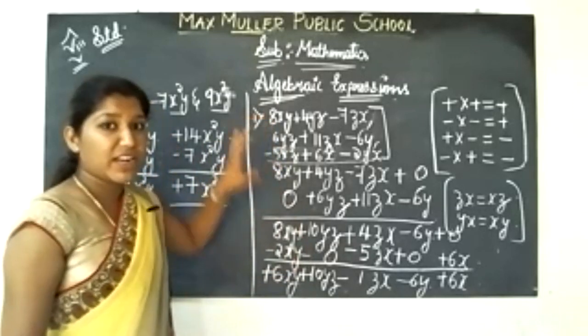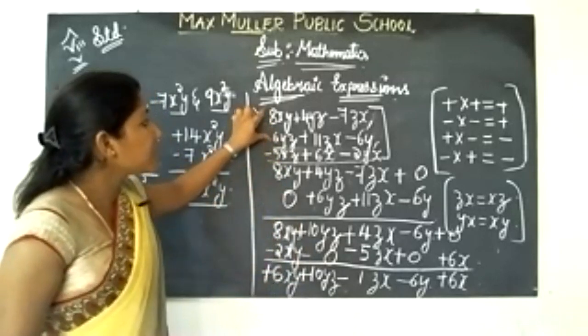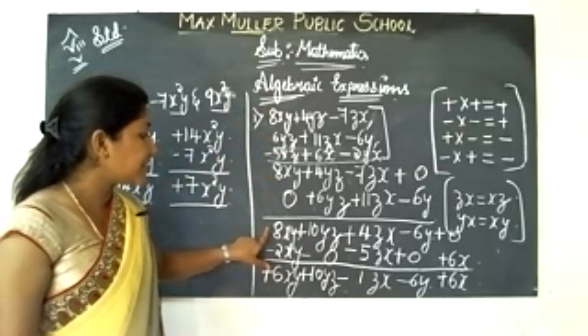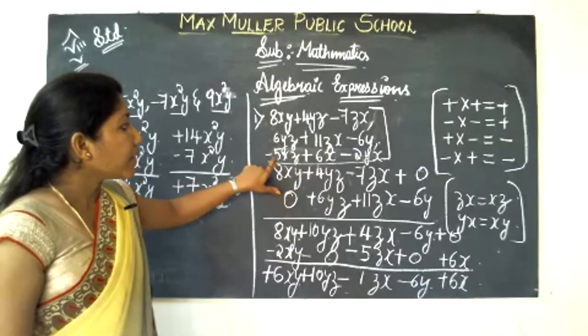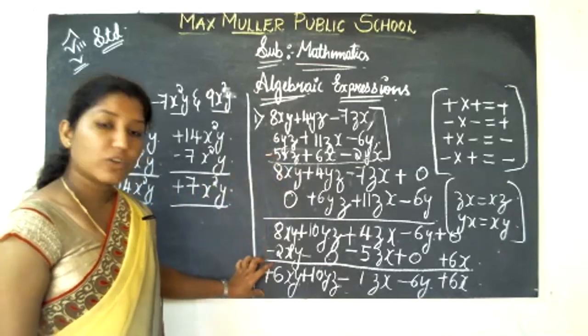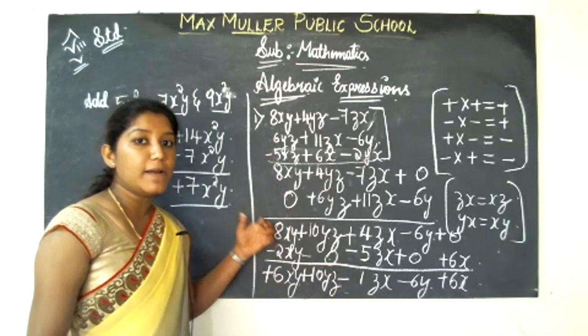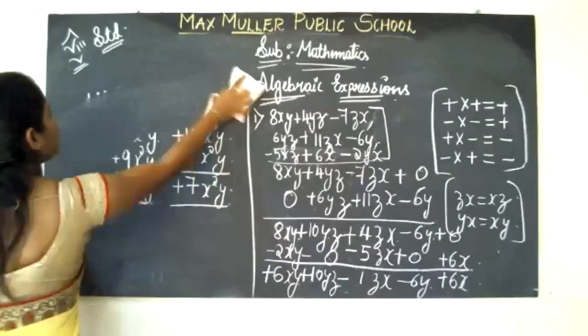But if any confusion is there, to make you understand better, I first solved these two expressions, added them, and got this result. Understood? Like this I have solved. Okay, next we'll go to the next problem.